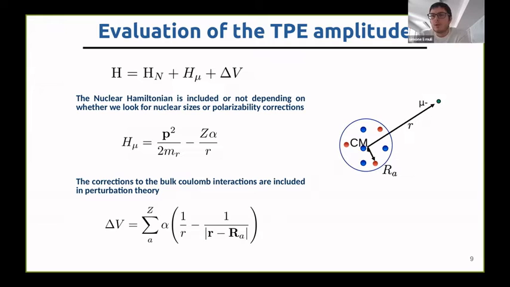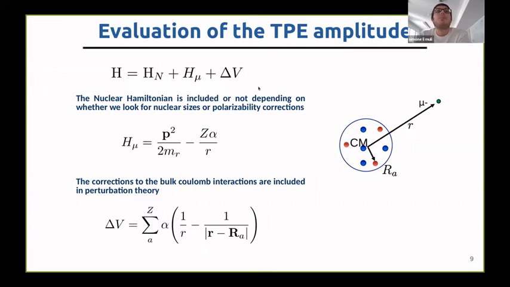And in reality, the interaction is between the muon and the protons inside the nucleus. Later on, we will also include charge form factors of the nucleons, which among other things will make the muon interact also with the neutrons and not only with the protons. But for the moment, let's stick with these approximations.